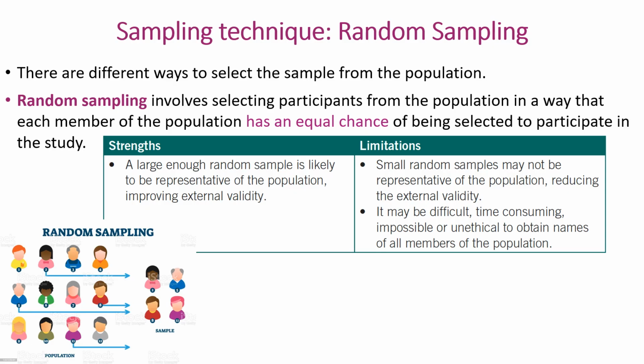So the advantage of going with that process, particularly if we have a large sample, is that our sample is more likely to be representative of our population of interest, which enhances our external validity. The problem is that it's often difficult to actually access a database of that population, so it simply might not be practical.